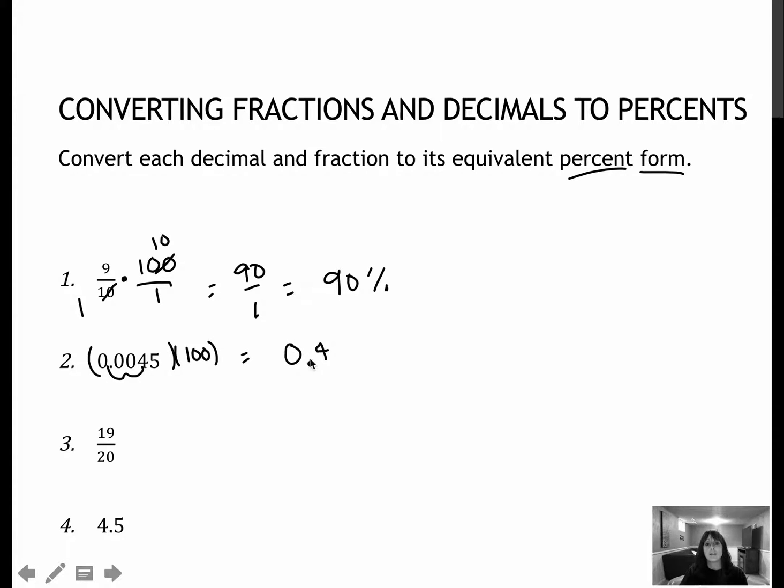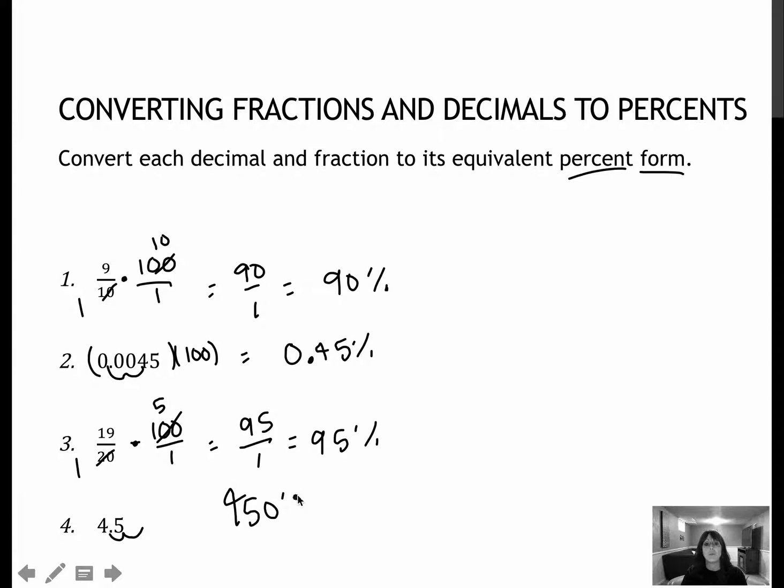So it's 0.45%. 19 over 20, again multiplying by 100 over 1 rather than turning it into a decimal. 20 divided by 20 is 1. 100 divided by 20 is 5. 19 times 5 is 95 over 1, which gives me 95%. And the last one, 4.5, again, if I multiply that by 100, I'm moving the decimal twice. So of course that would be 450%.